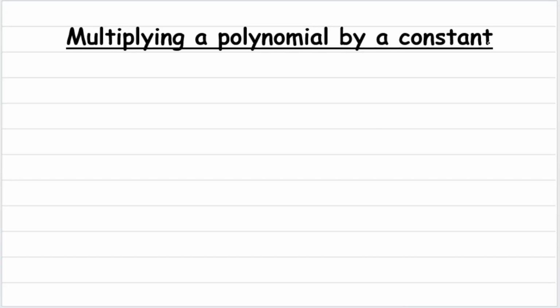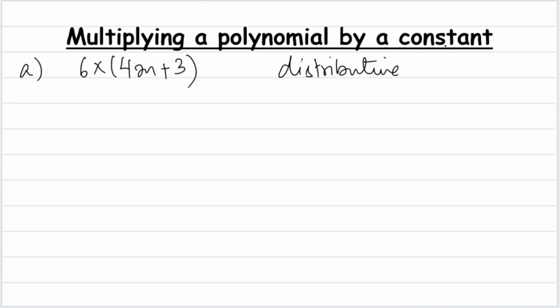Constant, as I told you, any number, any integer, positive or negative. So my first example would be 6 times 4m plus 3. Now, this type of multiplication makes use of the distributive property. The distributive property I explained in my previous video.